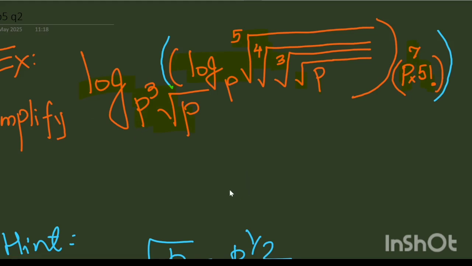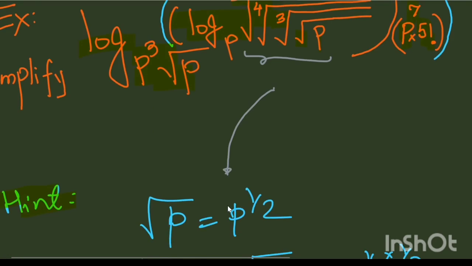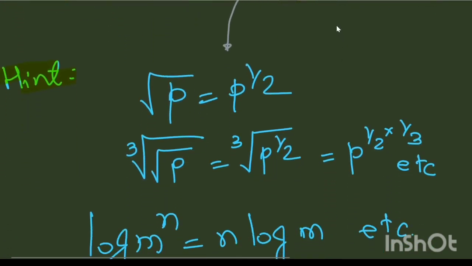Then how can we approach this? What is the hint to solve this, guys? As you can see here, we need to understand what this particular term is and how we can solve it. In the hint, we can write root p. We know that root p is p to the power half.